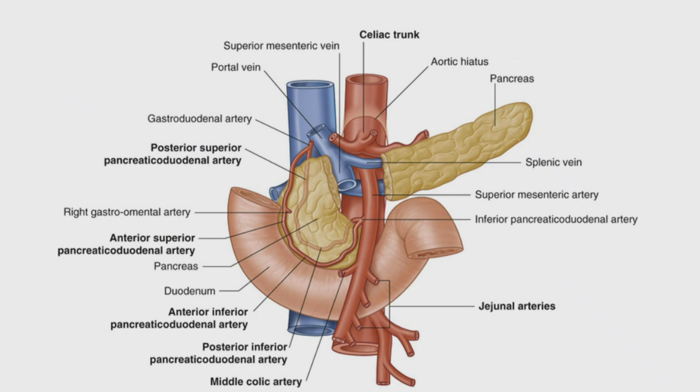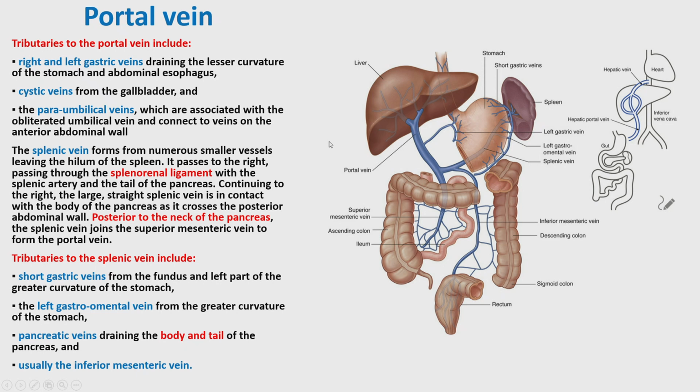And this is the relation. You see that we cut the neck of the pancreas, and you can see the union of these two major trunks forming the portal vein, which goes upward in this region. So the right and left gastric veins, cystic vein and paraumbilical vein are the direct tributaries going to the portal vein, and the main indirect ones are the splenic and superior mesenteric.